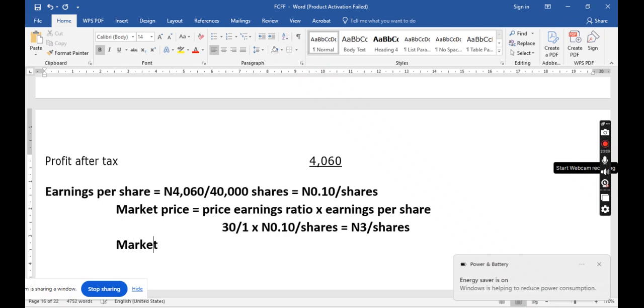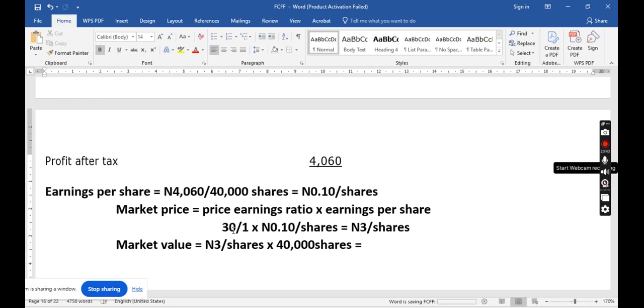Market value: just multiply it by the number of shares. Market value is equal to 3 naira per share times the number of shares, 40,000 shares.